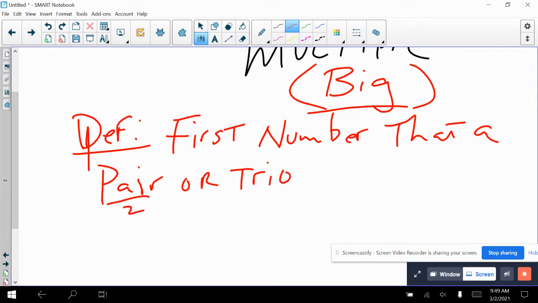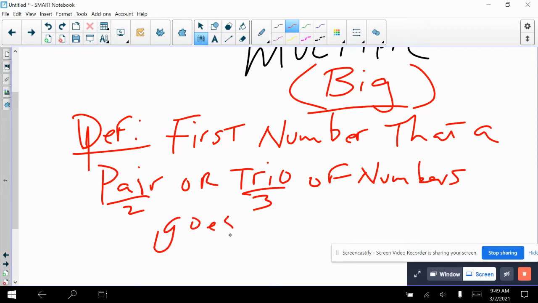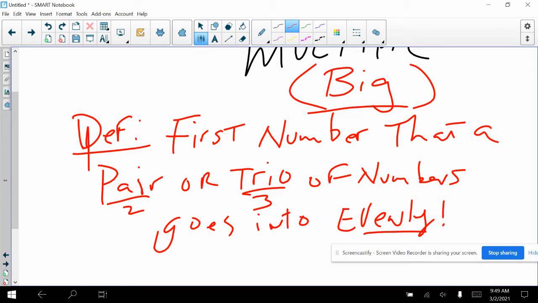A pair meaning 2, trio meaning 3. And again, that means that we're dividing. Everything has to go in evenly. So far, so good?